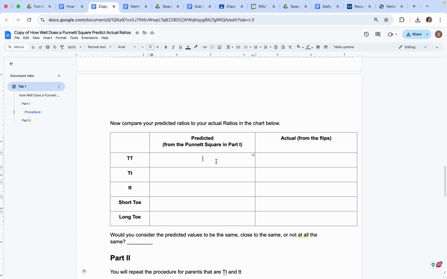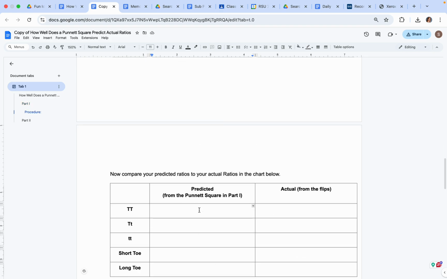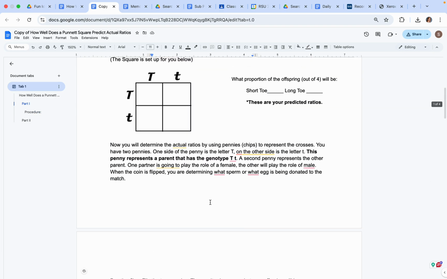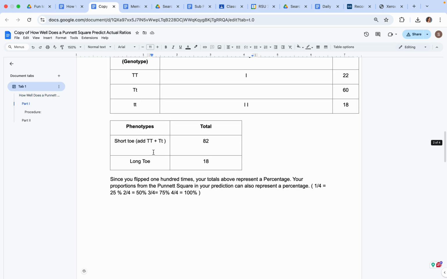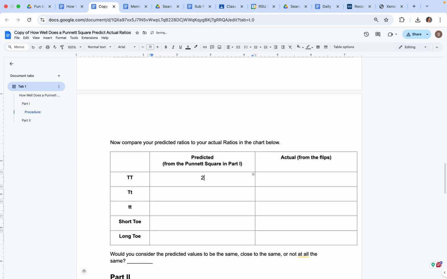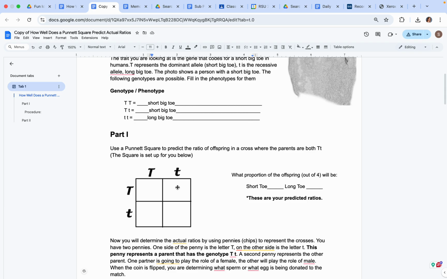For big T, if I go back to my Punnett square, because this says predictions from Punnett square from part 1, go up there. This box, my top left, was the only one that was big T. So that is 1 out of 4. So that should say 25%. Big T, little t: I had this box, the top right and the bottom left were big T, little t.